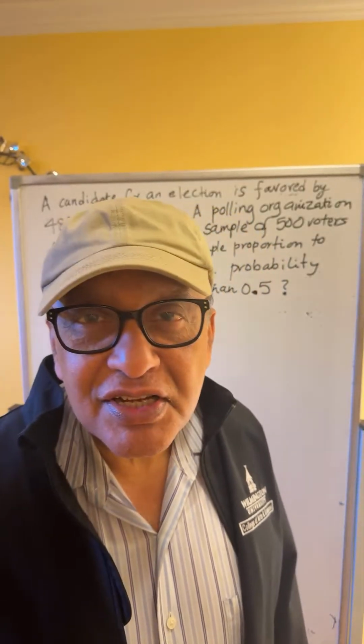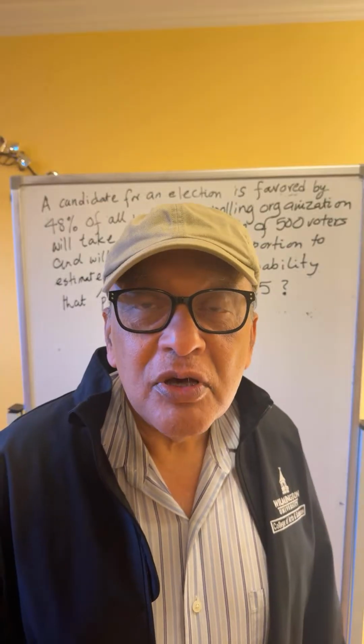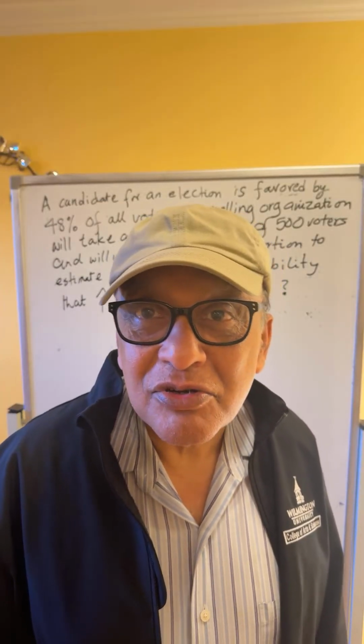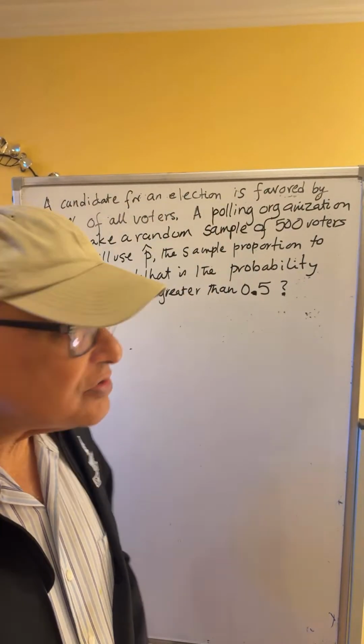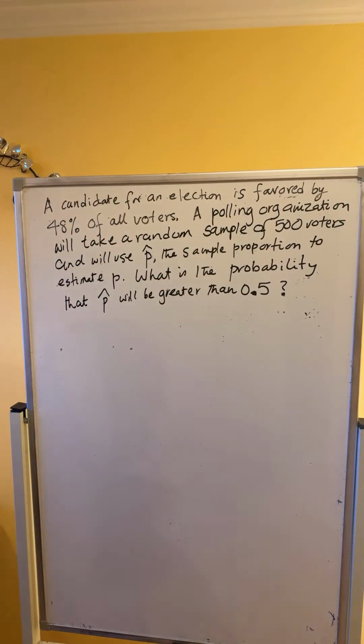Today we are going to discuss how to solve a problem on sampling distribution of proportion. Okay, sample proportions. So here's the problem. A candidate for an election is favored by 48% of all voters.